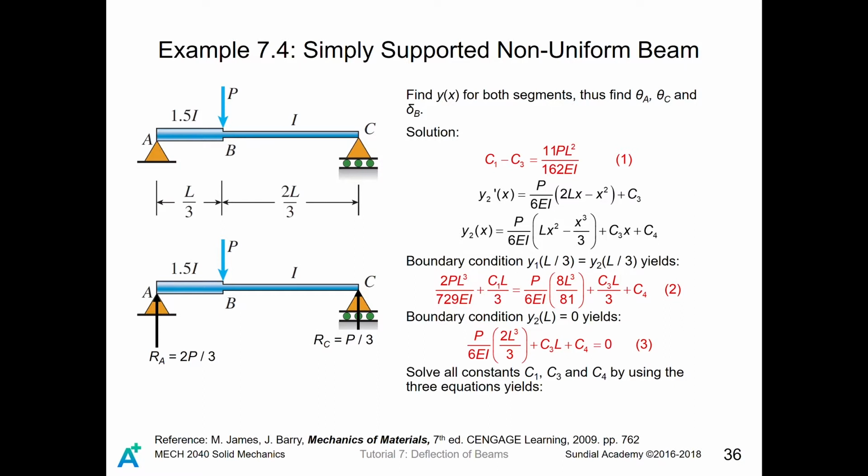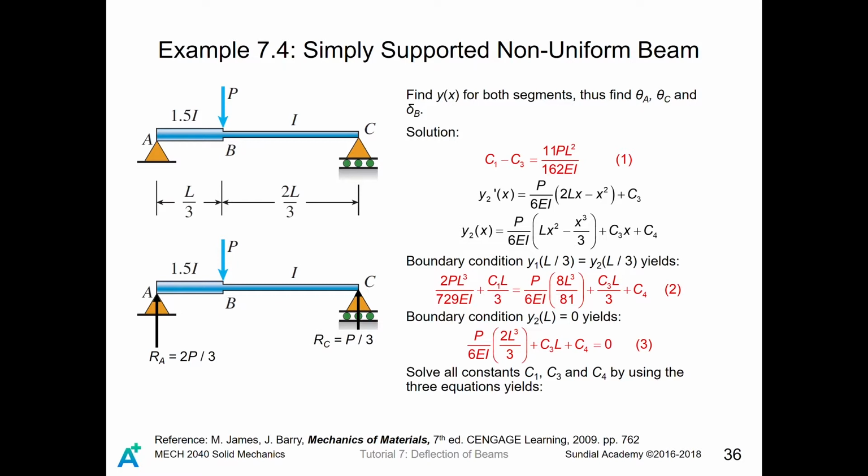Now we integrate y2 prime once again so that we can get the deflection curve of the y2 segment. Still, we apply the boundary condition that the deflection at point B for the left and right segments is the same. So y1 of L divided by 3 equals y2 of L divided by 3.